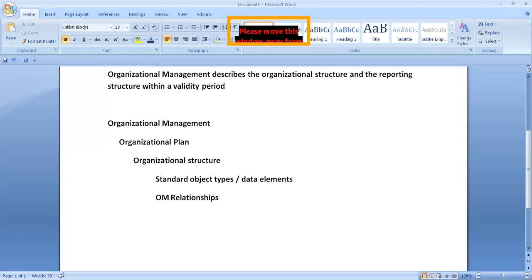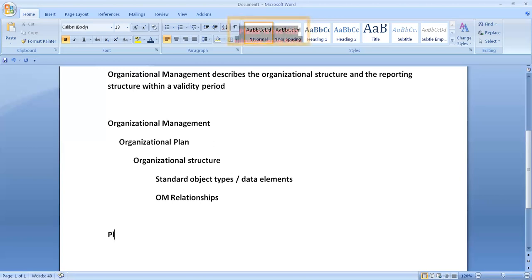The plan may be an active plan or an inactive plan. Essentially, you are maintaining the company structure within an organizational plan.